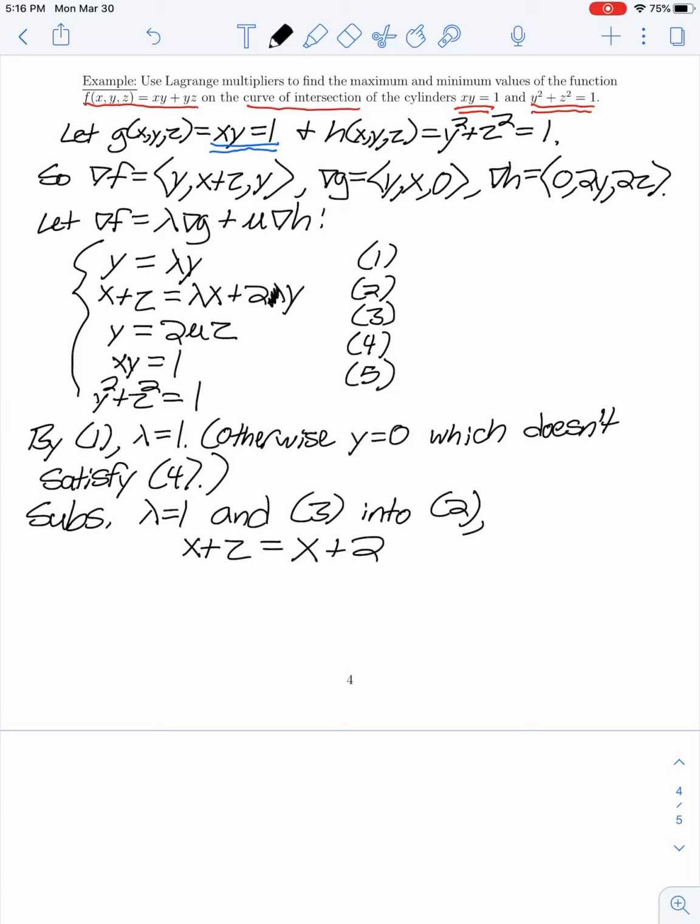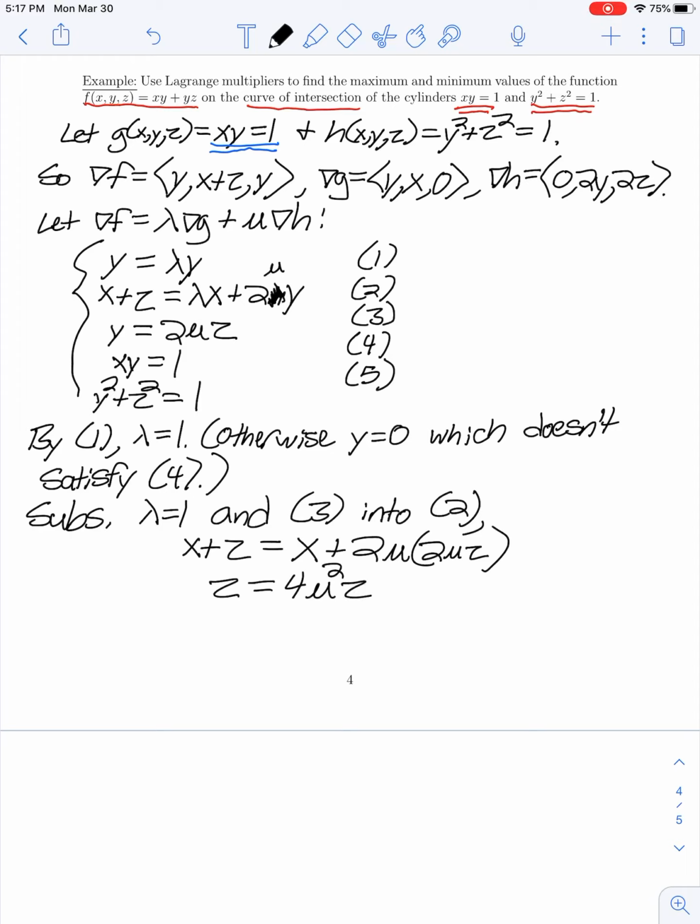Now if lambda is 1, we have x plus 2 mu times y, and equation 3 says that y is equal to 2 mu times z.